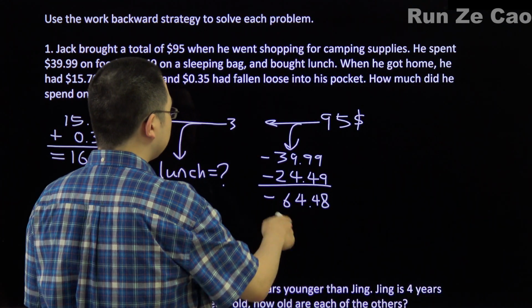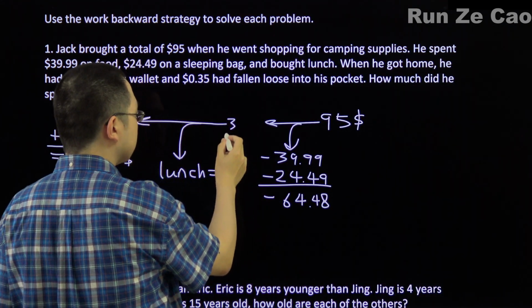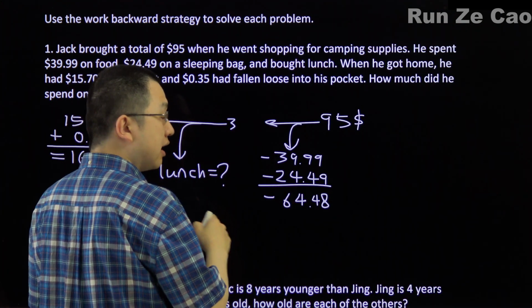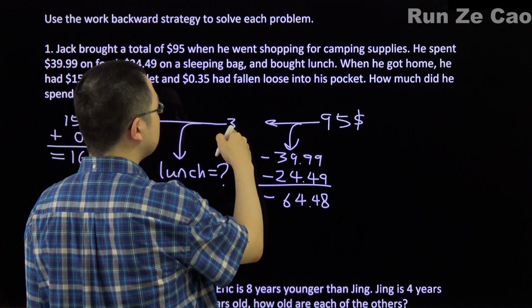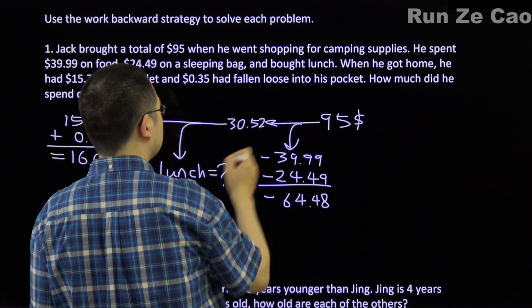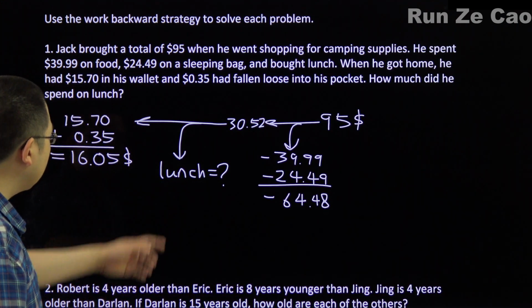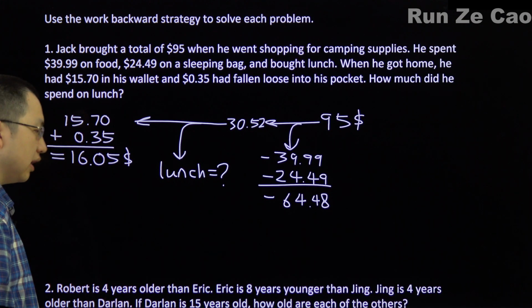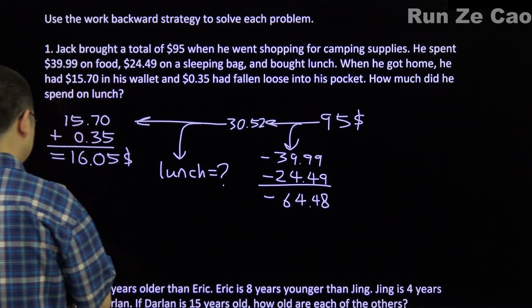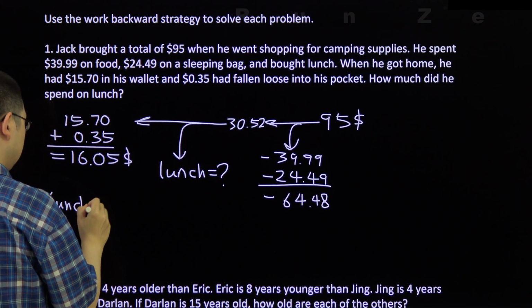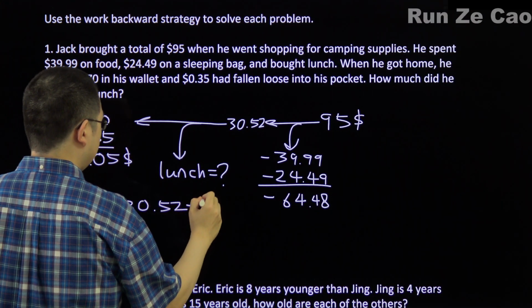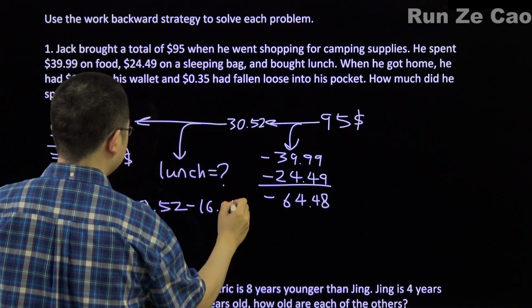Hey guys, this value is pretty close to 65. Therefore, you could just go with minus 65 and then plus 0.52. So that would leave us with 30.52. And he spent some money for lunch, and he had $16.05 left. Therefore, lunch was equal to 30.52 minus 16.05.